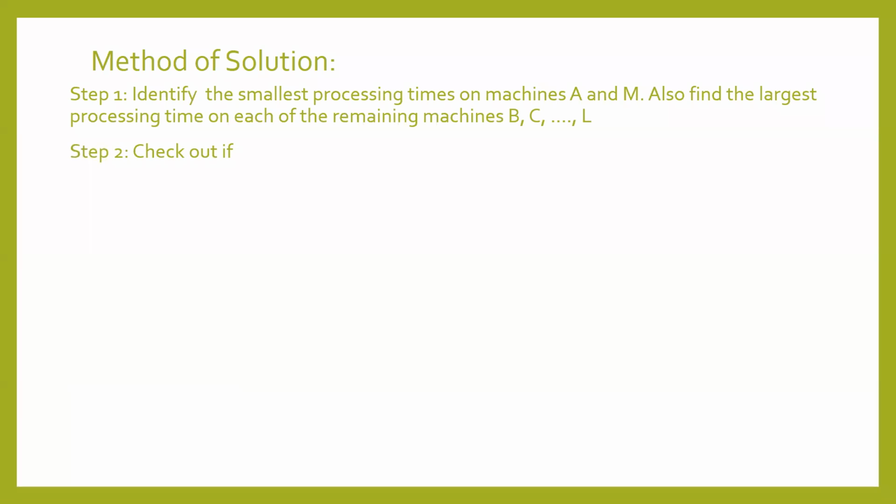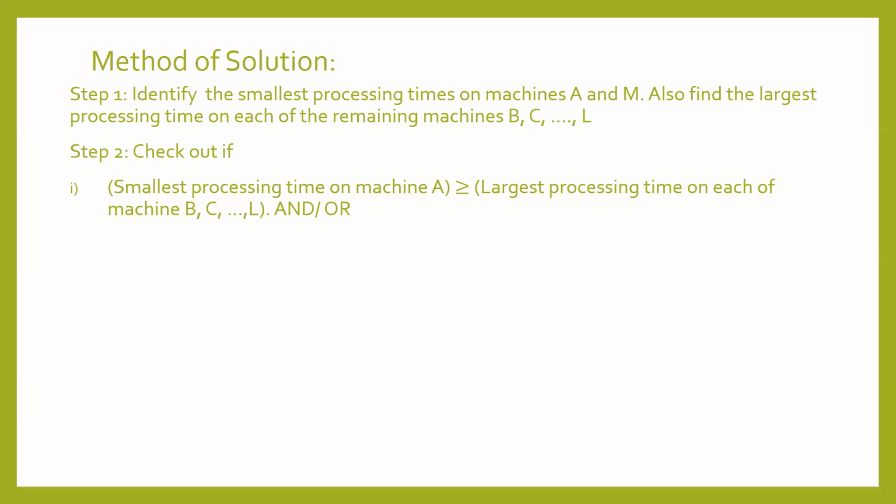Then check the first condition: if the smallest processing time on machine A is greater than the largest processing time on each of the machines B, C up to L, and not M. That means if the maximum of the largest processing times on all the machines except the last machine is smaller than the smallest processing time on machine A, then we can go ahead and solve this problem further.